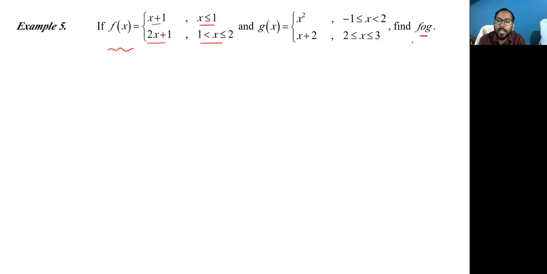We need to find f o g. So the first step is to check the range of g of x. g of x equals x square for minus 1 to 2 and x plus 2 for x belongs to 2 to 3. Now the range of g of x is, for this part, 0 to 4, and for this part 4 to 5.